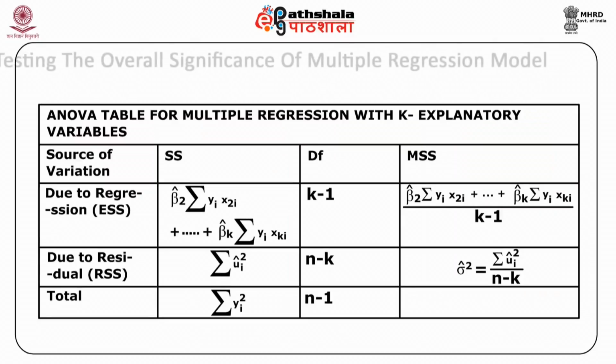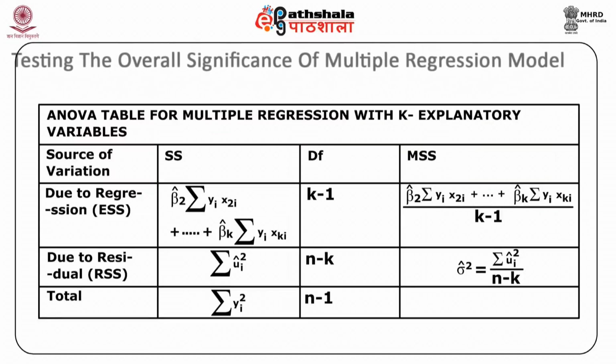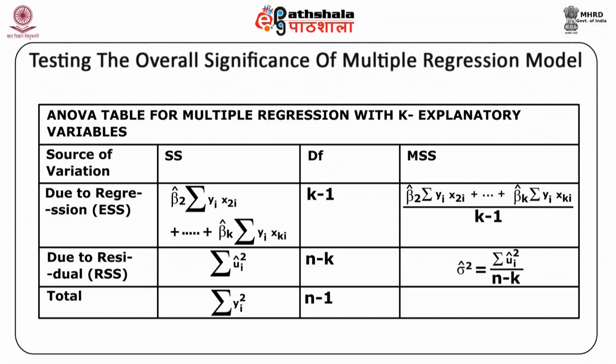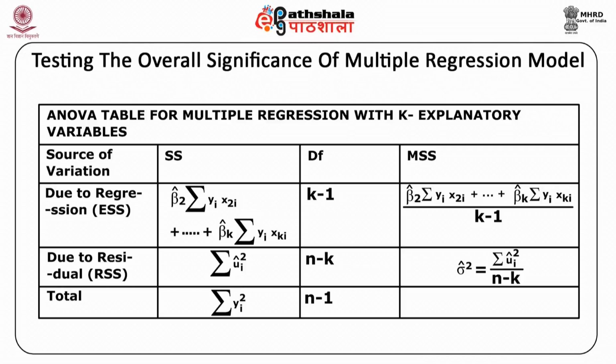The overall significance of the multiple regression model cannot be tested by testing the significance of individual coefficients. This means that the significance of individual regression coefficients does not imply the overall significance of the multiple regression model.